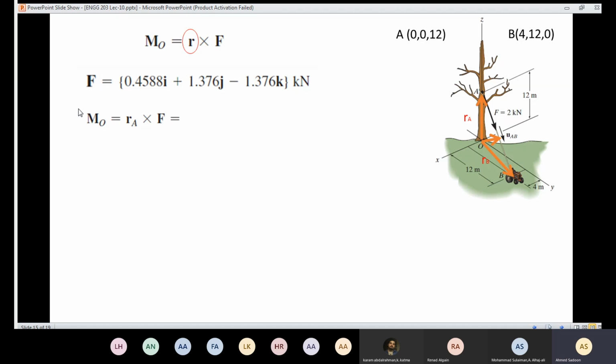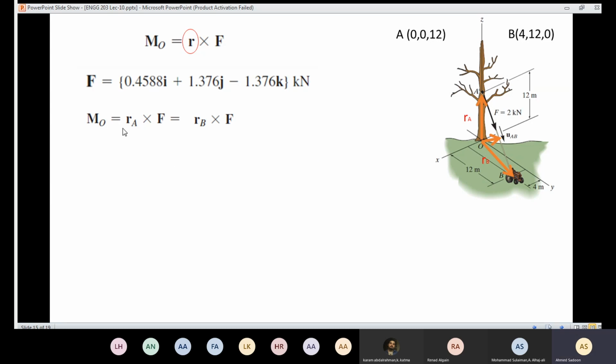So I could say that the M vector equals RA, I choose this one, cross F vector, or somebody else could say that it equals RB cross F vector. The one who uses this one, it's correct, and the one who uses this one here, also it's correct.